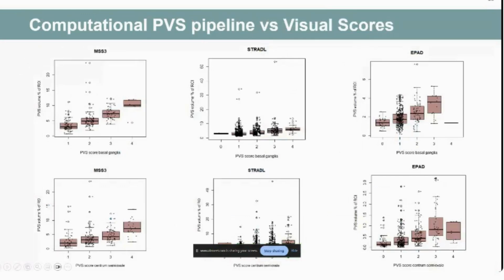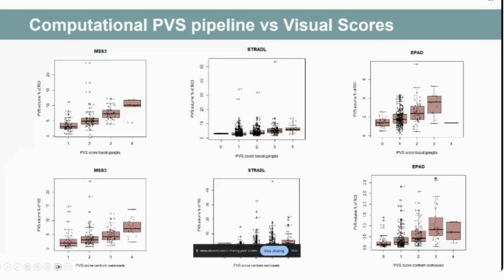So how do we say that we're doing it correctly? As I mentioned before, we have visual scores that were done in different data sets that we have in the group. For example, the Mild Stroke Study 3, the stratification cohort that looks at depression, that's called STRADL, and IPA, that is an Alzheimer's disease cohort. These were evaluated by doctors who look at the perivascular spaces and count them.